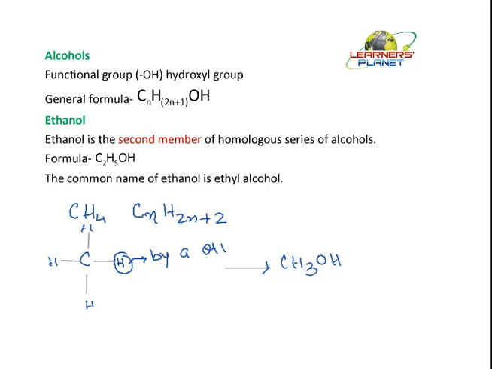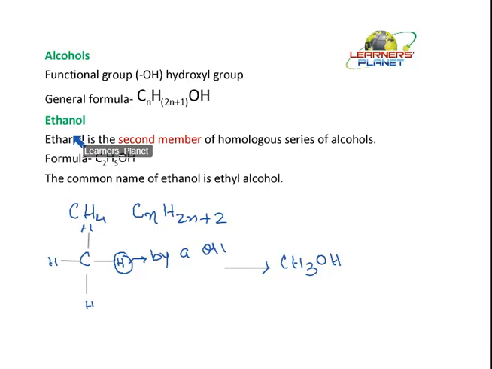So our alcohol is obtained by replacing hydrogen by a hydroxyl group. Now what is the general formula of alcohols? It is CnH2n+1OH. So this is the general formula of our alcohol.